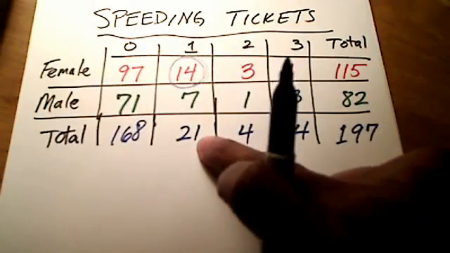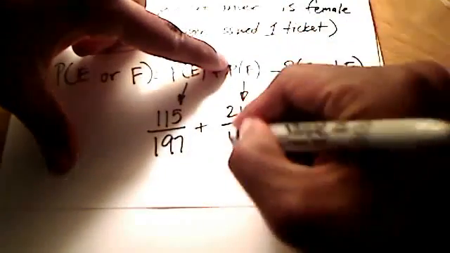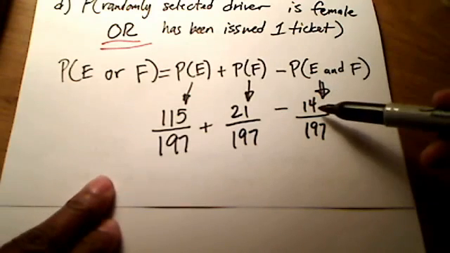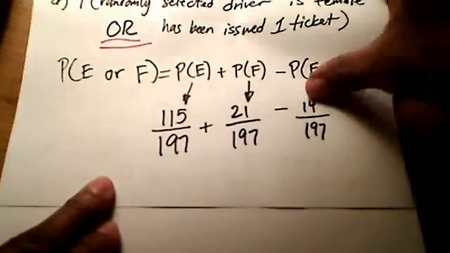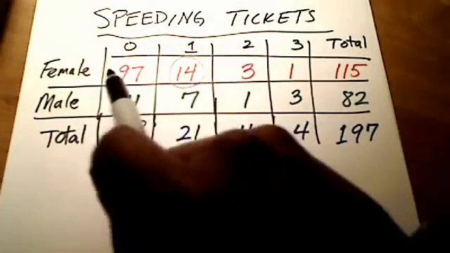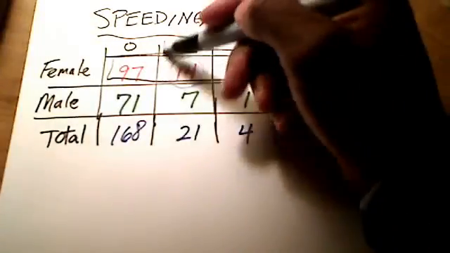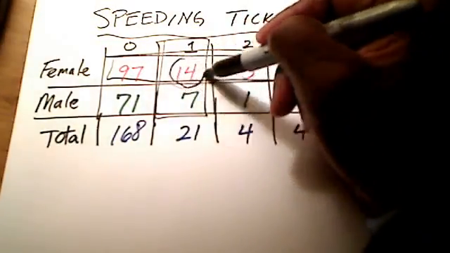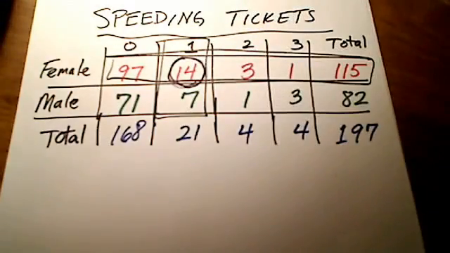That's a total of 21, so I'll put 21 over 197. And don't forget to take away this 14 over 197, because that's where they overlap. That is where this top row and this column overlap, right here at that 14. So we're going to take away that overlap.